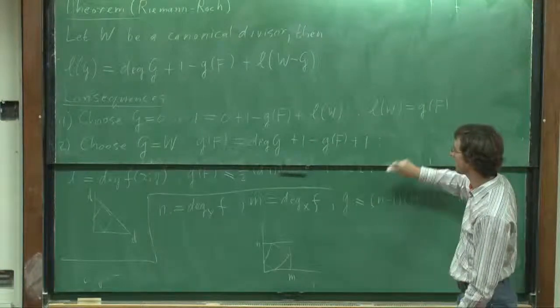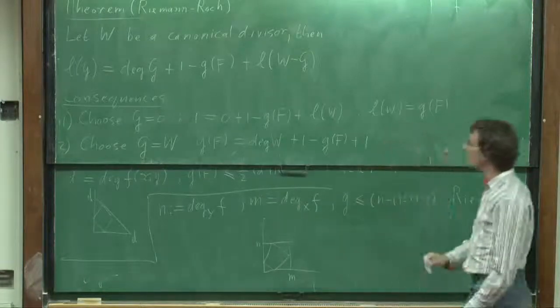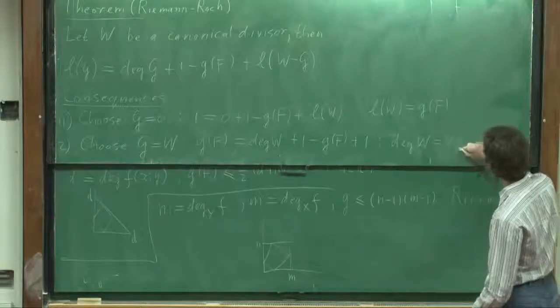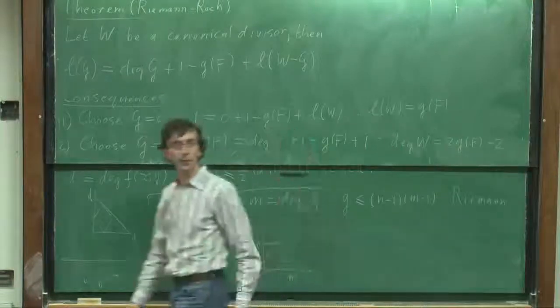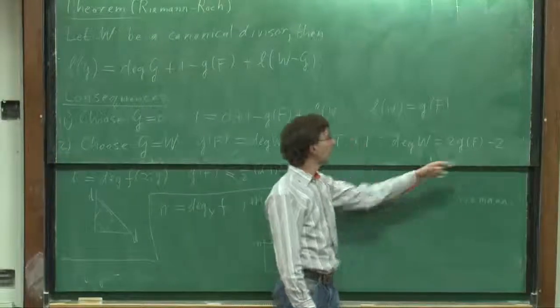So what we really get is, I should have written a W there, that the degree of W is equal to 2G minus 2. Yeah, so the degree of a canonical divisor is 2G minus 2.